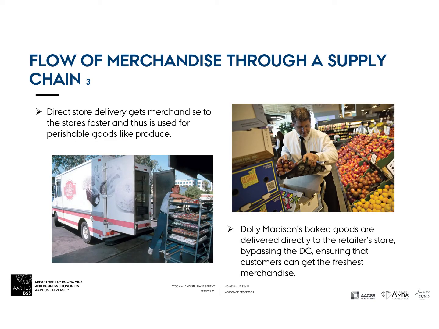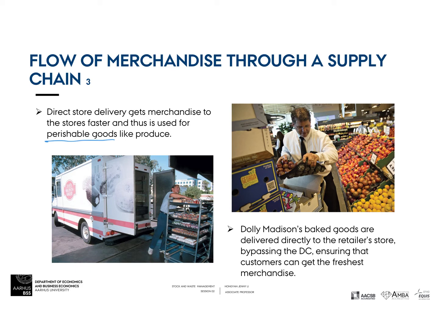Furthermore, we can see the direct store delivery is normally used to deliver or manage perishable items. For perishable goods, direct store delivery will reduce the lead time and make sure the food is delivered to the customer with the highest freshness.